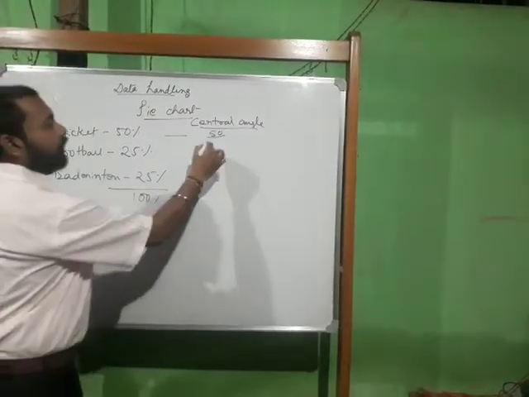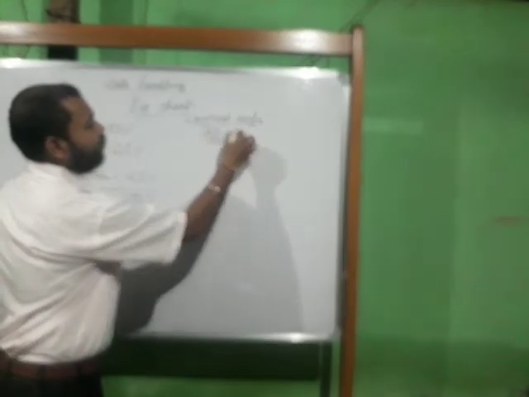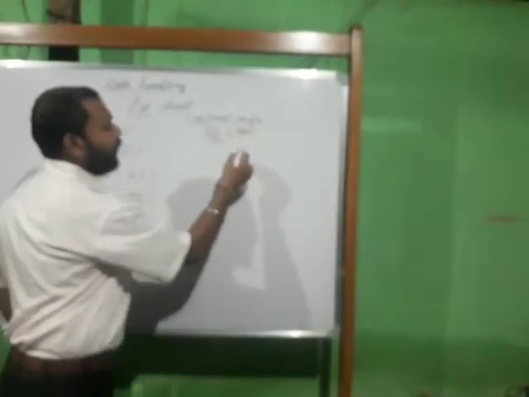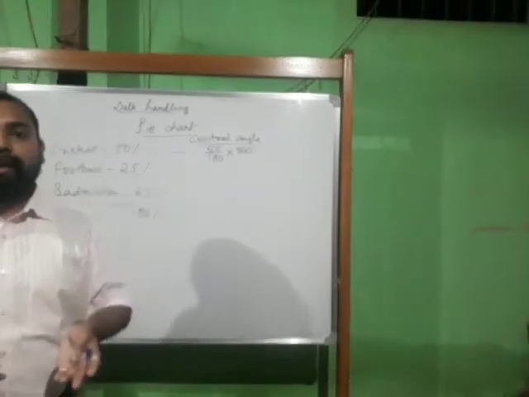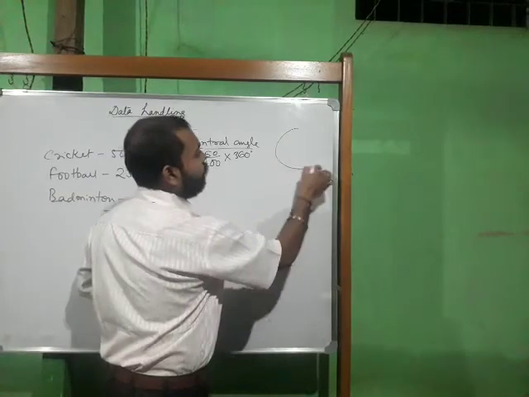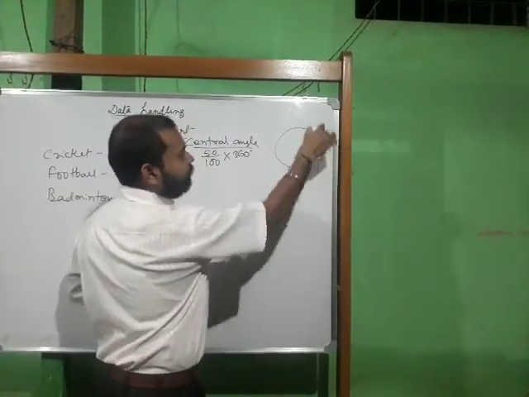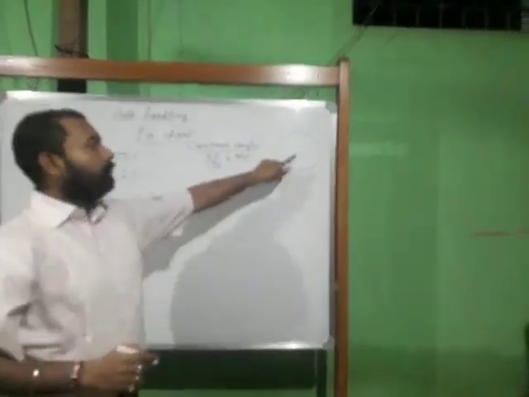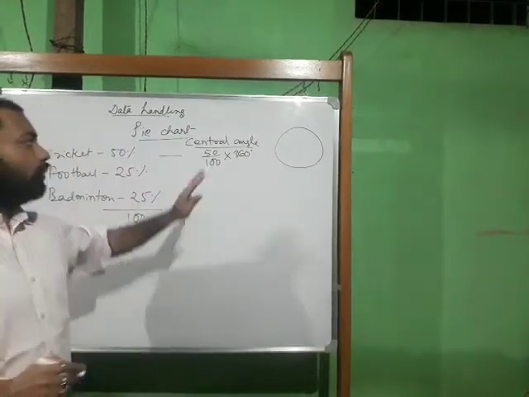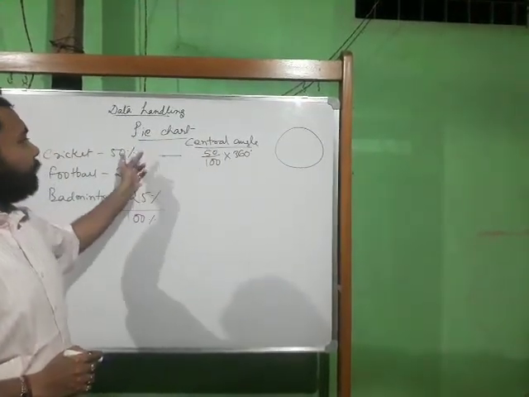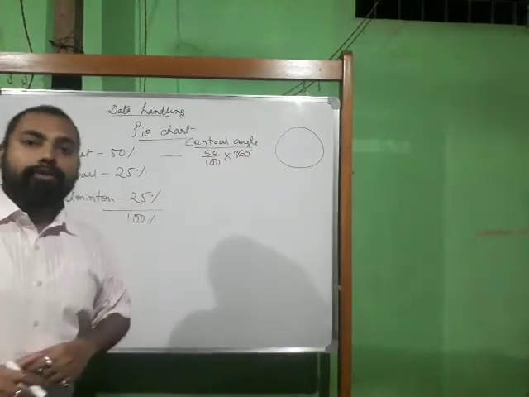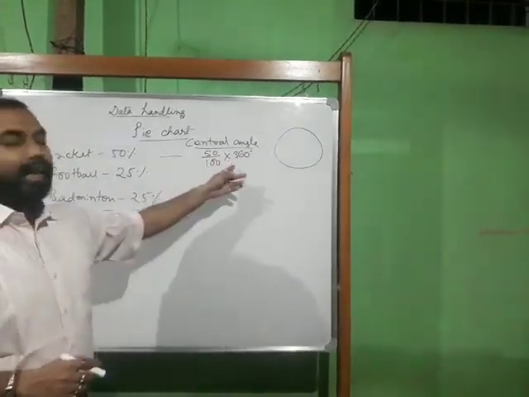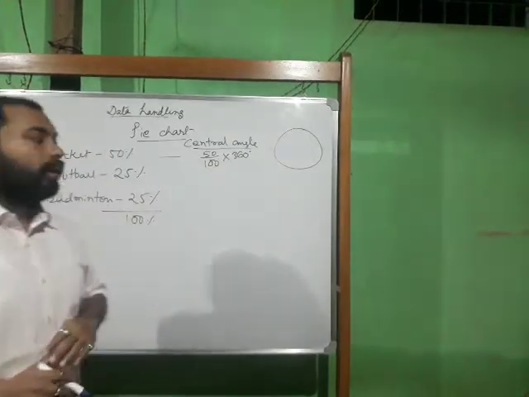So 50 divided by 100, into 360 degrees. Why are we taking 360 degrees? As we know, the complete angle of a circle is 360 degrees. Since we have to convert this percentage into an angle, we multiply with 360 degrees. Then only we will get the angle, and then we can plot it in the pie chart.